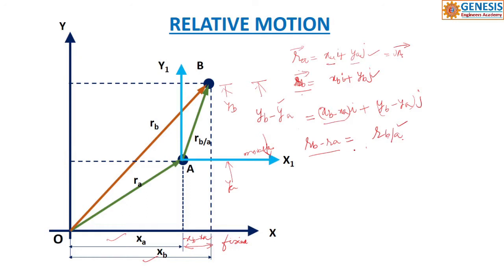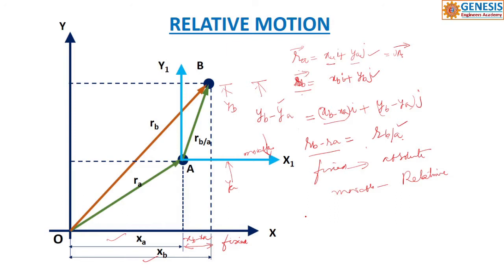For fixed frames, it is called absolute. For the movable, we call it relative. So the relative term comes when there is a relative motion.